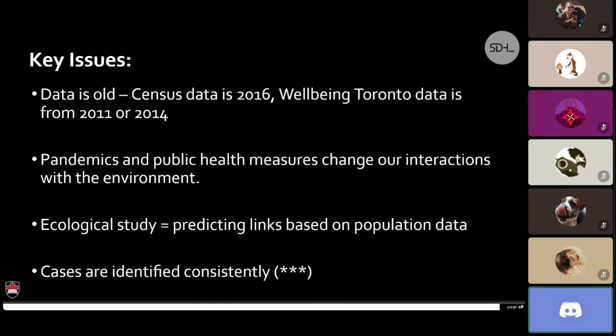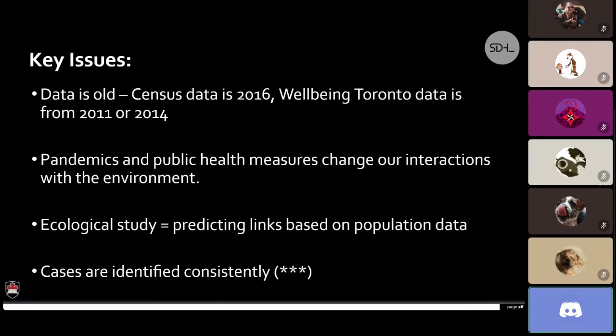The other thing too is that the data landscapes that those data were released in don't take into account a pandemic environment. So I don't really get to understand how the changes and impacts of stay-at-home orders and other similar public health measures have affected our environment.